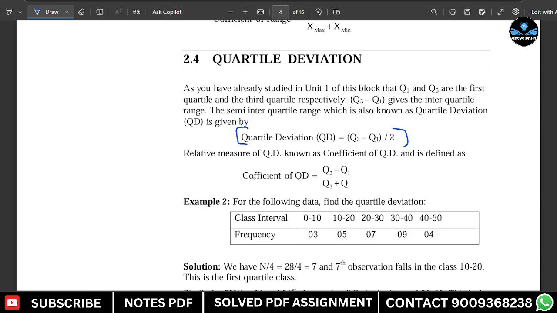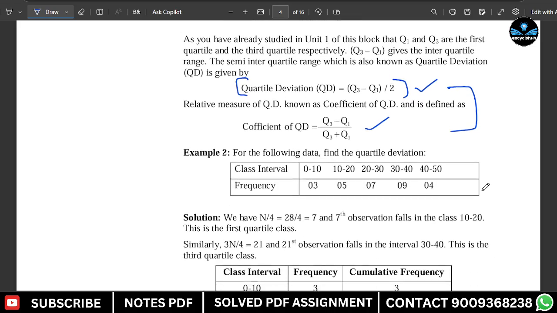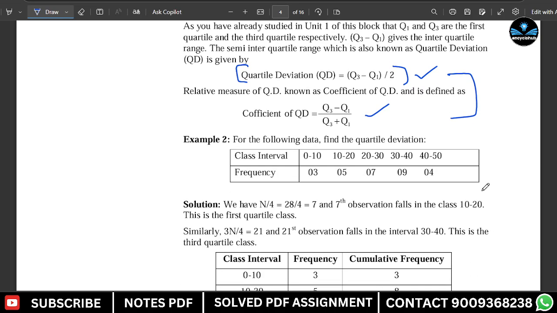The quartile deviation formula is Q3 minus Q1, but the coefficient of quartile deviation is Q3 minus Q1 upon Q3 plus Q1. These are the different formulas. So if you are asked about the quartile deviation, you have to use this formula, and if you are asked about the coefficient of quartile deviation, you need to use this formula.